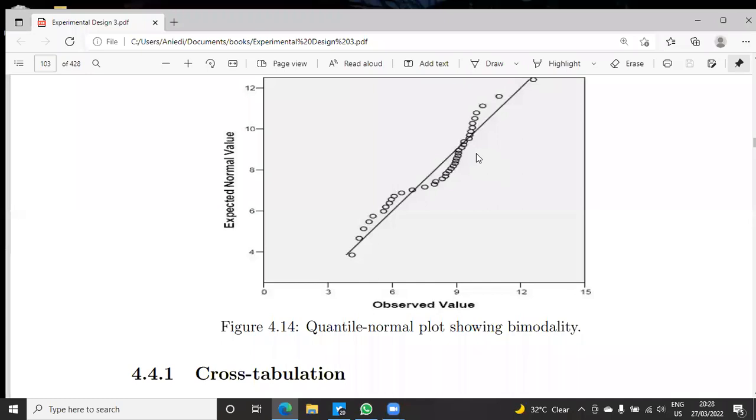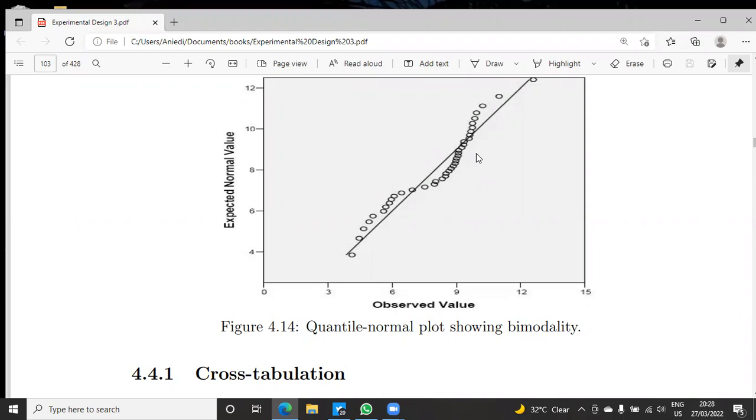This one is a quantile-normal plot. When one set of values, either a sample or population, is plotted against normally distributed data, or the normal distribution itself read from the table, it becomes a quantile-normal plot.